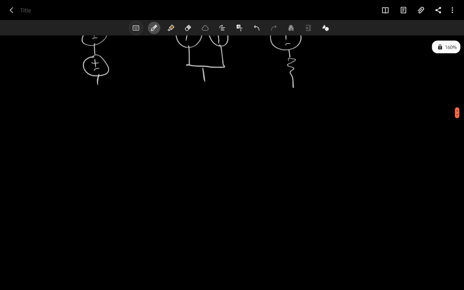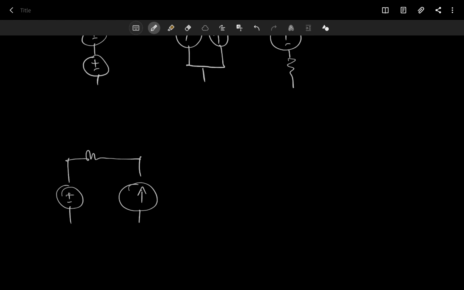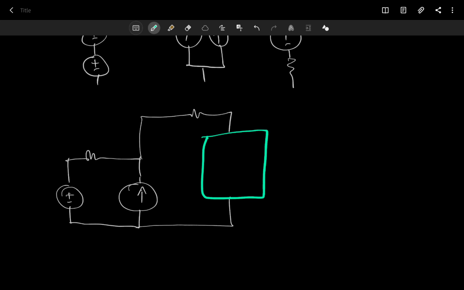So what makes two circuits equivalent? If you have a large circuit, say something like this, and there you find a smaller part of the circuit, let's call it sub-circuit A. I'm calling it a sub-circuit because it's a smaller part of the whole large circuit.